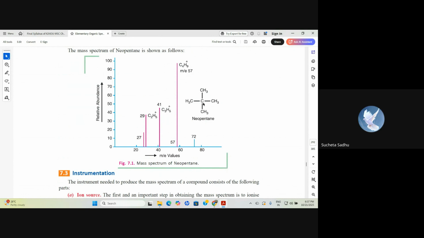Sir, another doubt is coming. As you said, we can see the relative abundance of this peak. So whenever neopentane is injected, will we always get this similar pattern, or may it vary? No, it will not vary. For neopentane, you will get the same pattern, not similar, the same.